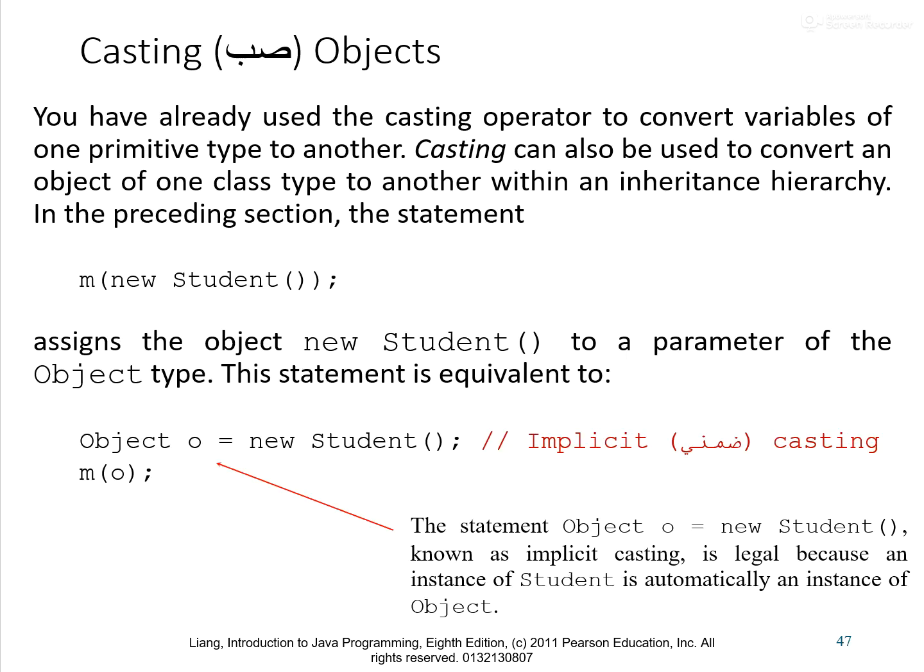One more thing I want to talk about is casting. There are just 3 lines of code. I want you to try these on your own. Casting is basically used to convert one type of variable into another, which we've already done with variables.